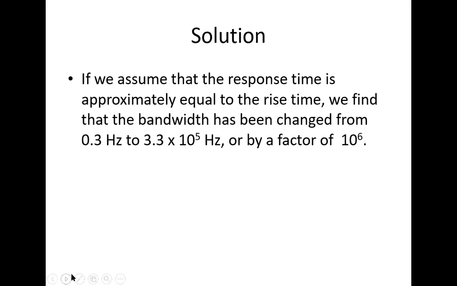all right, we find that the bandwidth has been changed. How do we get this? So we are assuming delta F equals 1 over 3 times T, where T is now 10 to the minus 6, decreased by 1 million. So 1 over 3 times a millionth, does that make sense there?